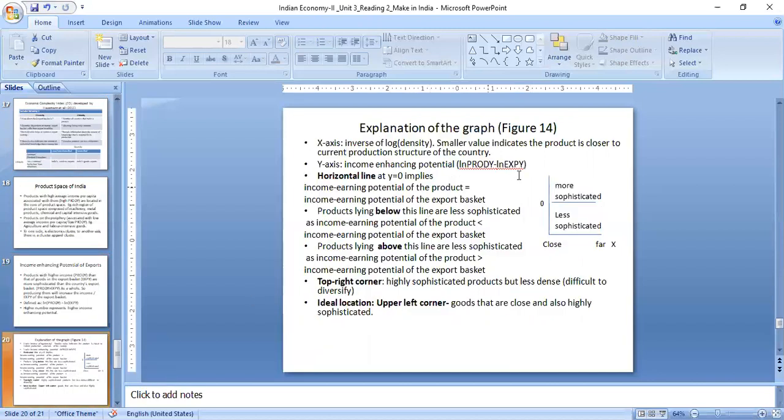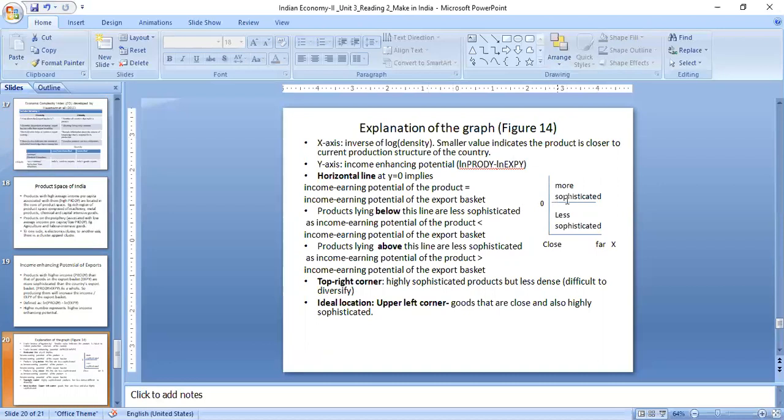Now, the last slide here tries to explain figure 14 in the article. Here on the x-axis, what has been plotted is inverse of log density. Inverse of log density, that means a smaller value indicates the product is similar, closer to current production structure, and the y-axis talks about the sophistication or income enhancing potential.